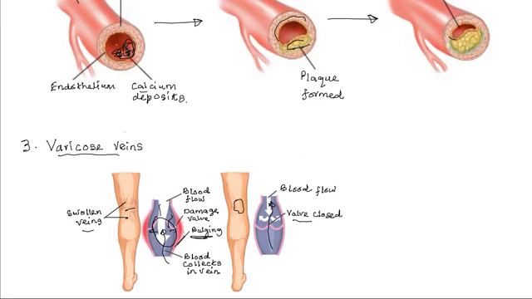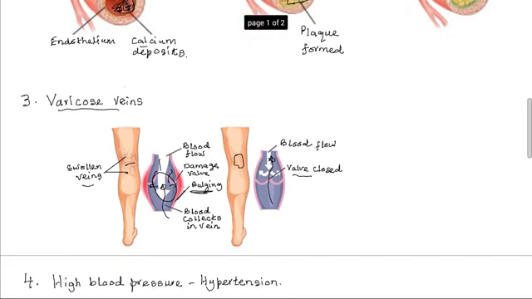Otherwise, without the exercise, the valves may in the long term be overwhelmed with the task of preventing the backflow of blood, especially in the legs, because of the position of the body, the legs being below the heart, and therefore the blood must move against gravity as it flows back to the heart. So regular physical exercise is one way of preventing the development of varicose veins.